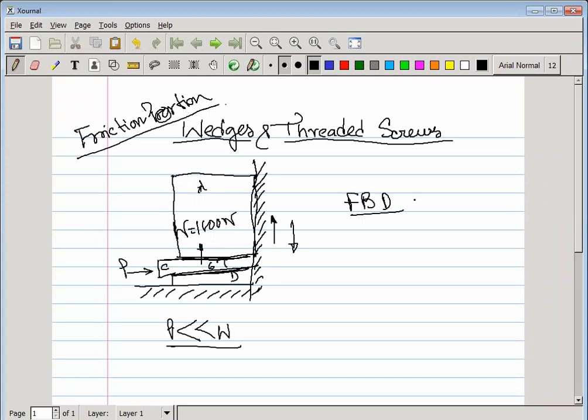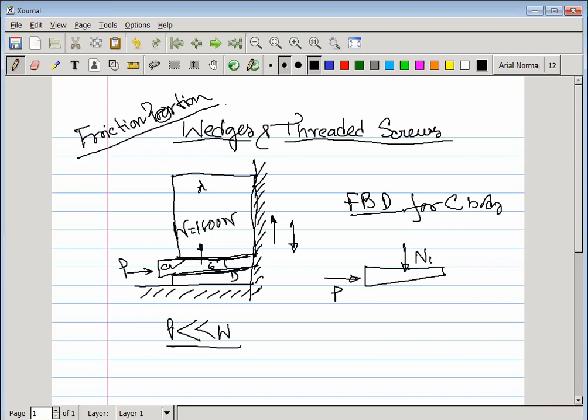The free body diagram for body C is very simple. Draw this body; the applied force is P, the normal load is N1.